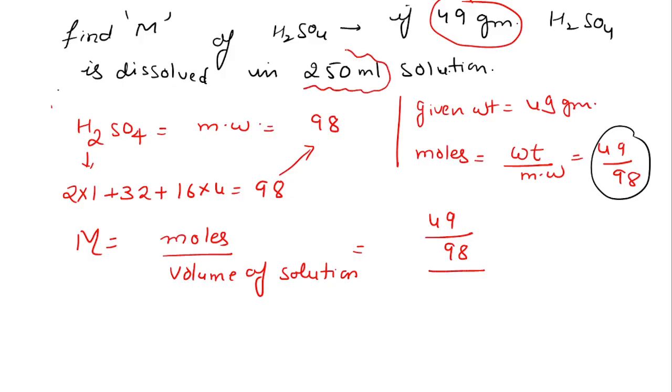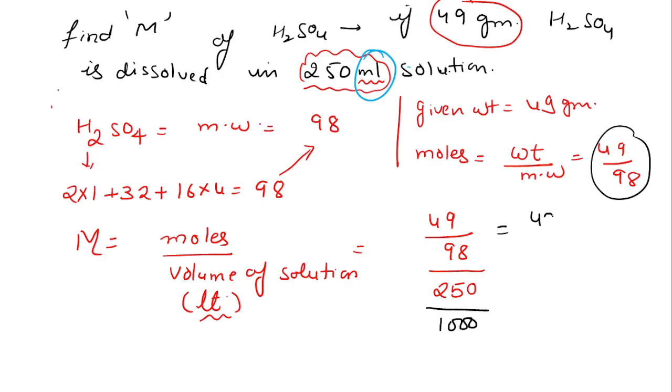Now come to the solution part. This is 250 ml. The volume of solution is 250 ml. One more thing: the volume of solution should be in liters, but here it is given in ml, so we convert ml into liters by dividing by 1000.